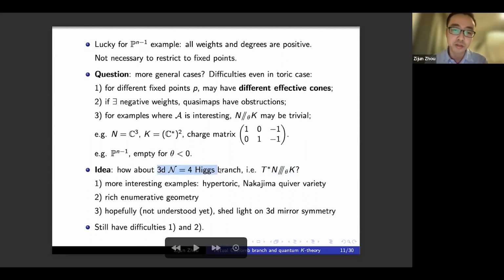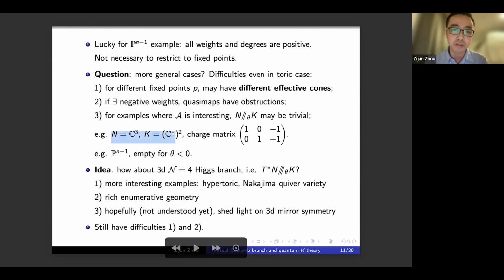So these 3D N=4 Higgs branch and 3D N=4 Coulomb branch, they are interesting objects. And if you only take this vector space N and then apply this GIT quotient, you usually don't get very interesting objects. So these GIT quotients themselves may be just trivial.